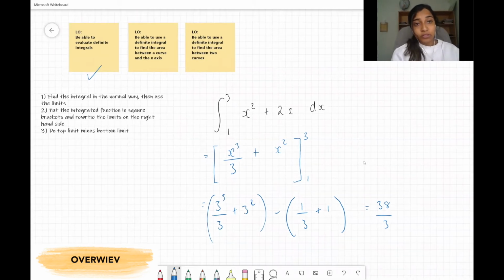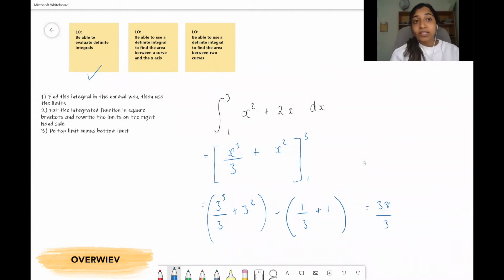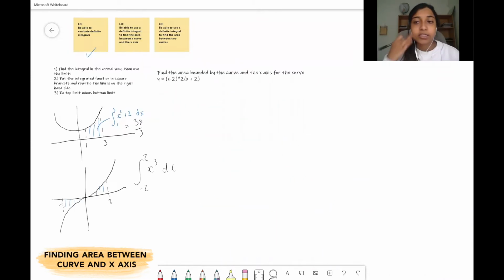Now let's move on to how you can use this to find the area between a curve and the x-axis. So definite integrals can also give you the area between the curve and the x-axis. So for example, what we just did when we were finding the integral of x squared plus 2x between 3 and 1, that's just the same as if you were to draw the curve x squared plus 2x as I've done here.